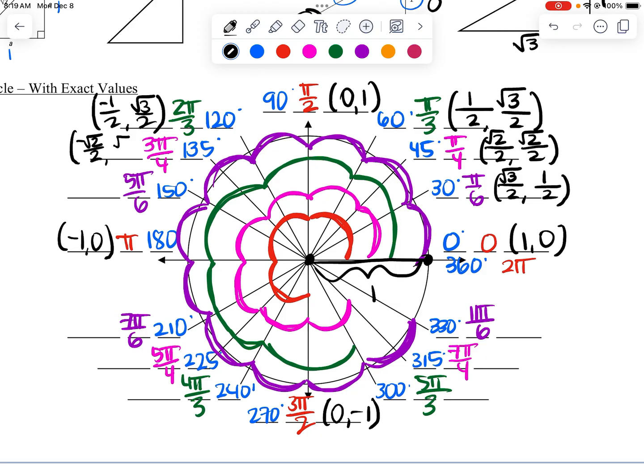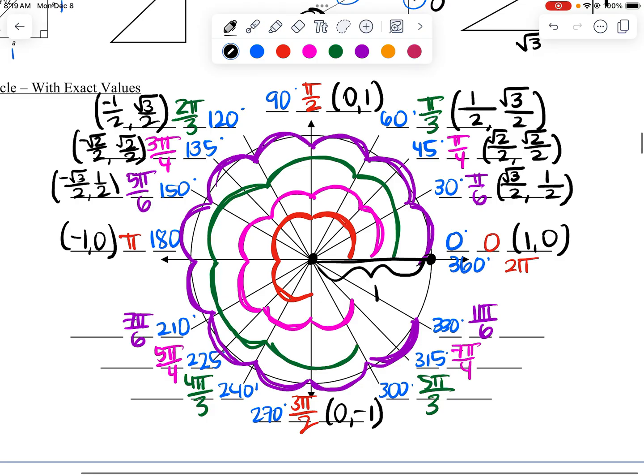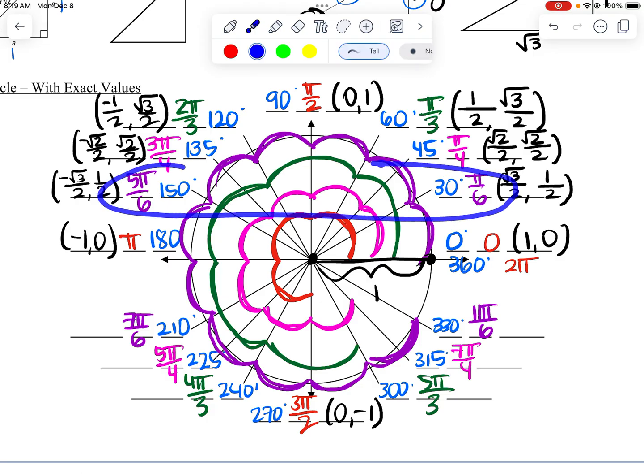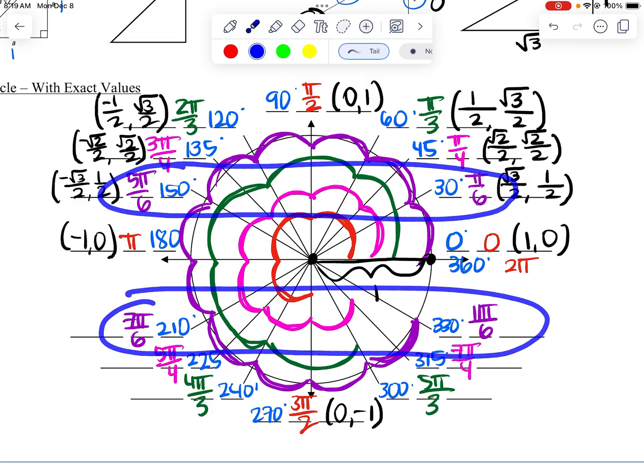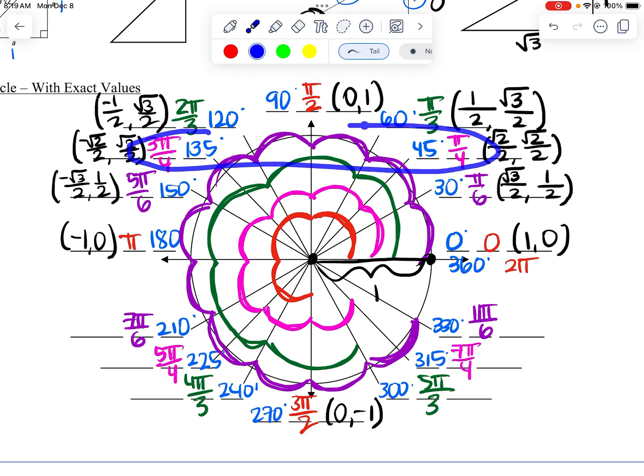Negative square root 2 over 2, square root 2 over 2. Negative square root 3 over 2, 1/2. So every one that's over 6 is going to have the same x's and y's, just different positive and negative. Every pi over 4 is going to have the same x's and y's, just positive, negative.